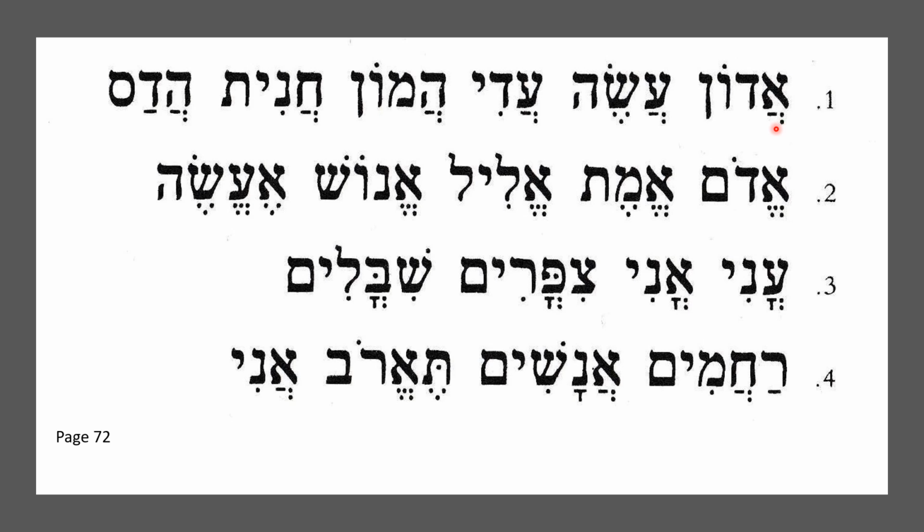And again, here we're mostly going to be dealing with regular vowels next to the shva. Ignore the shva, just read the vowels. I'll read them across, and then stop the video and practice on your own. So, adon. Ase. Adi. Hamon. Chanit.